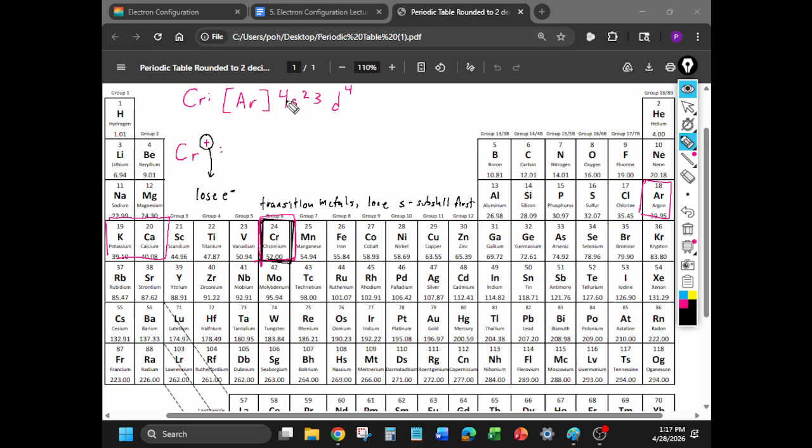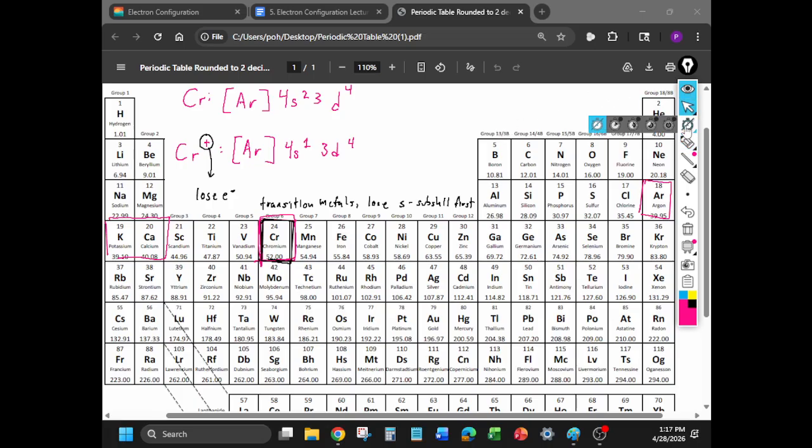The 4S is technically a higher energy level, so it's easier to take that one out. Talk about that in AP chemistry if you want to know more. But for now, to solve the problem, just take it away from the S subshell. So chromium plus is still going to be Ar, so we keep Ar, and you take one electron away because plus 1, so you take it away from the S subshell. So it'll be 4S1 3D4.